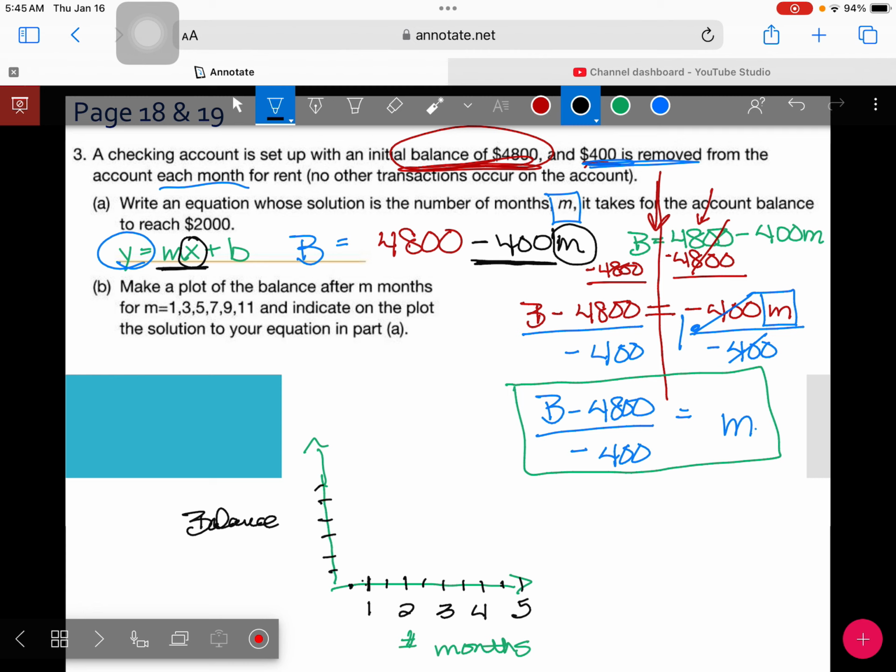I know the very top, or close to the very top, is going to be my initial balance, 4,800. Probably want to go a little bit higher than that. So for me, I have 5,200 as my highest value.